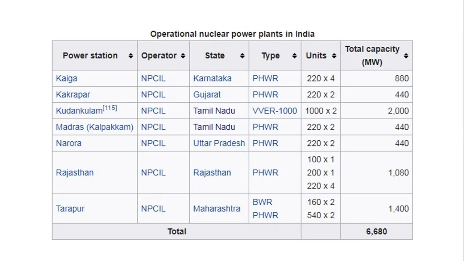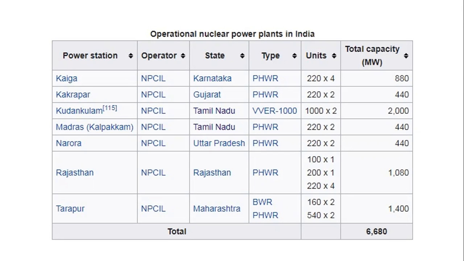And in Tarapur, Maharashtra, a boiling water BWR reactor and a PHWR reactor are used. The BWR reactor has a capacity of 160 megawatts and contains 2 units of the same, and the PHWR has 540 megawatts capacity each and has 2 units.